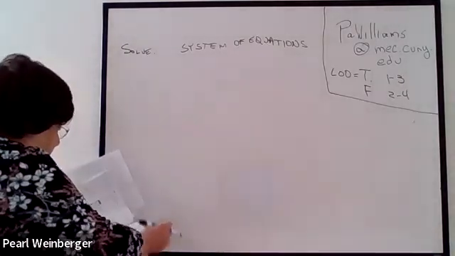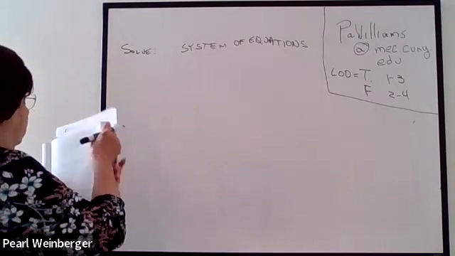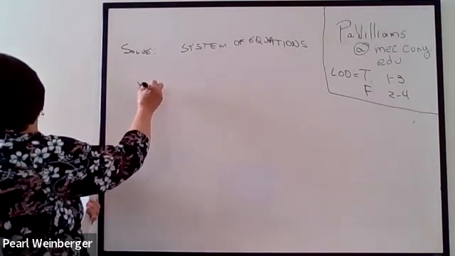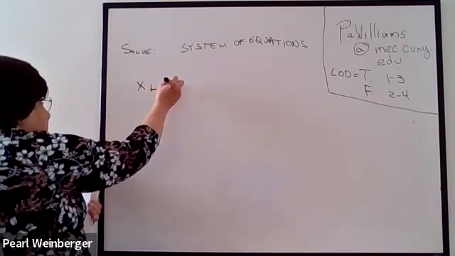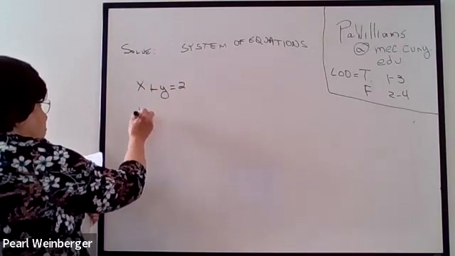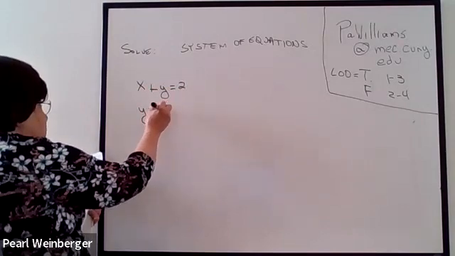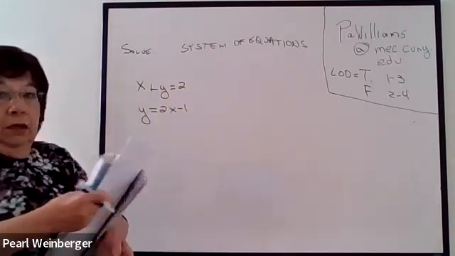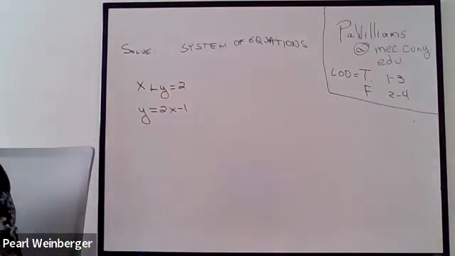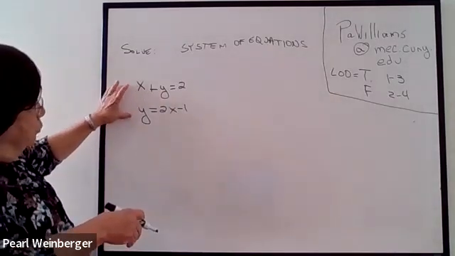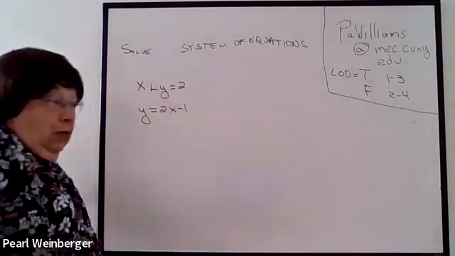Here's a system of equations. My first equation is x plus y equals 2. My second equation is y equals 2x minus 1. Again, it's a system of equations because we have two variables, x's and y's, and two equations.